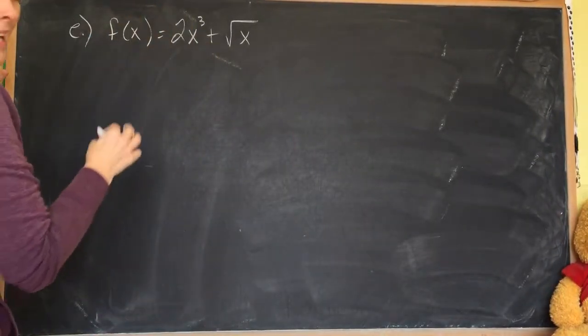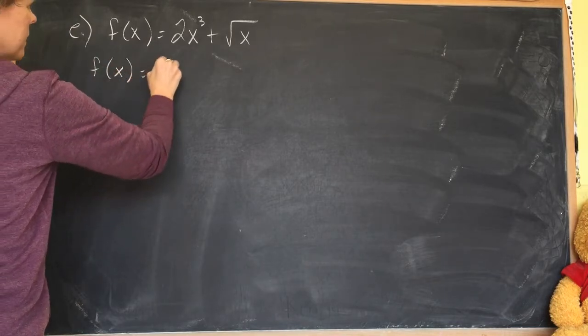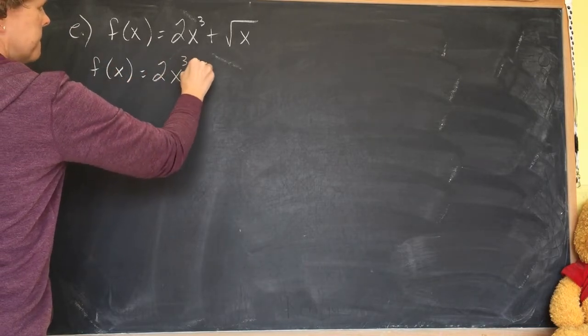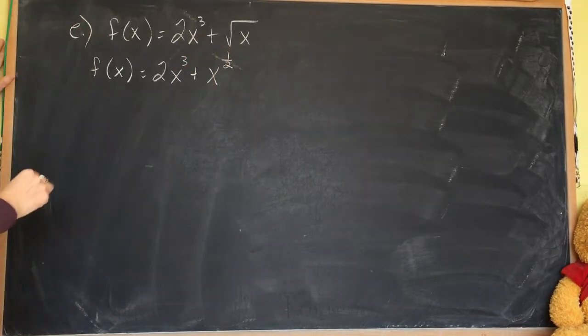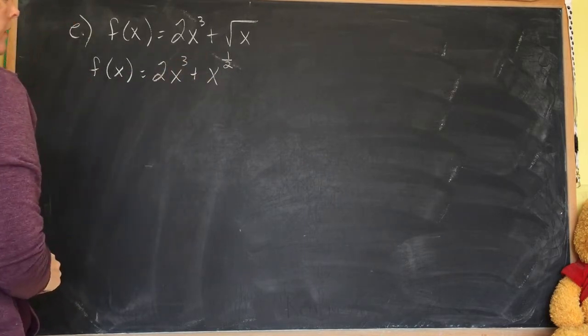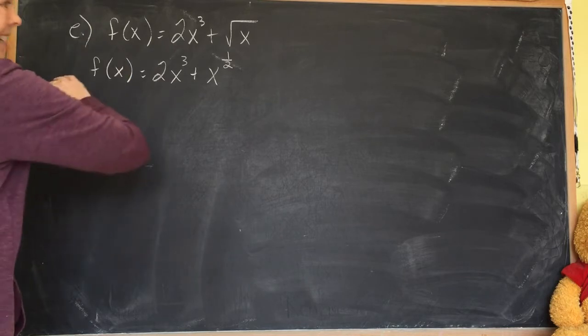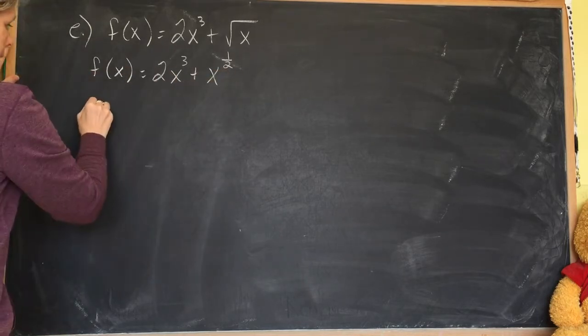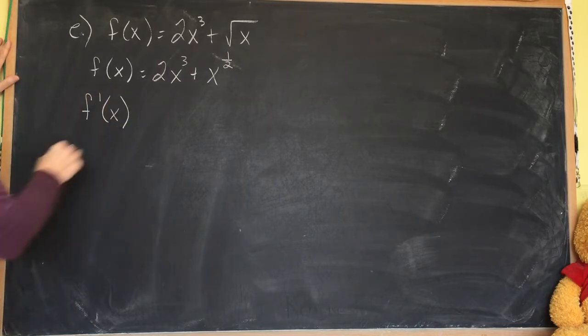All right, as soon as I have a root, I automatically just rewrite it with an exponent. Because once I've eliminated the root, now you're okay. Now I can go through and take the derivative. So notice I've kept this f of x. I haven't done anything with that yet. I've just rewritten it. Now I'm going to take the derivative. Now I can do f prime of x. And now I can apply that power rule.